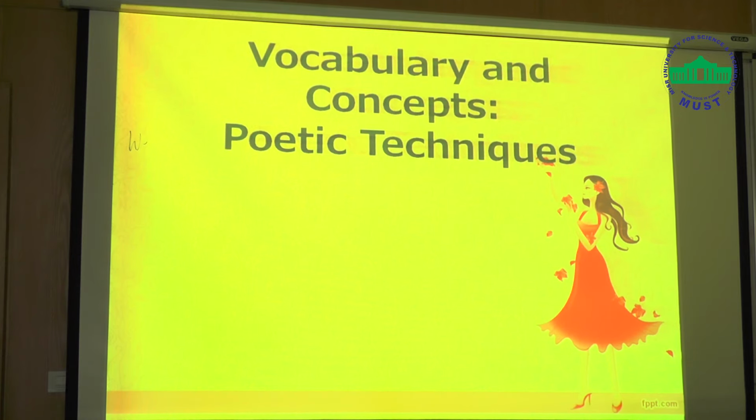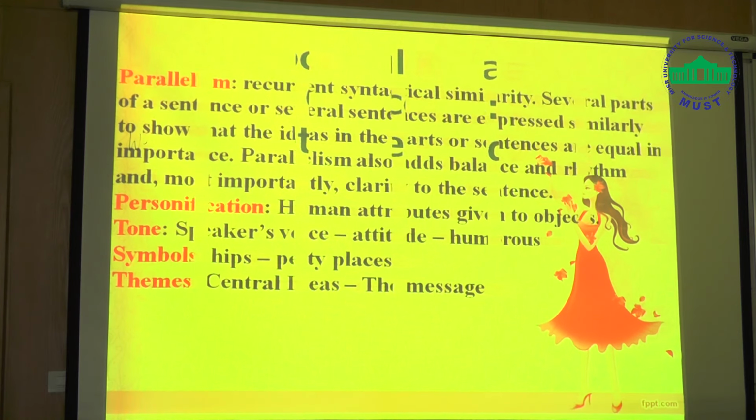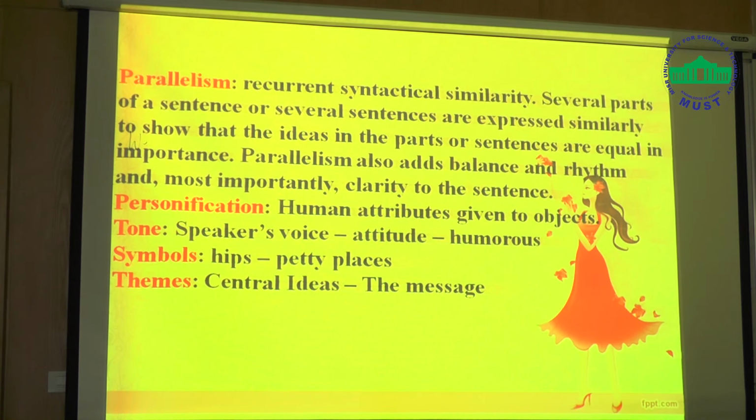So let us examine scientifically and linguistically the poem. First of all, we have parallel structure. Parallel structure adds balance and rhythm. Repetition is a very important poetic device to memorize this line and to establish a memorable line to be remembered for a long time.